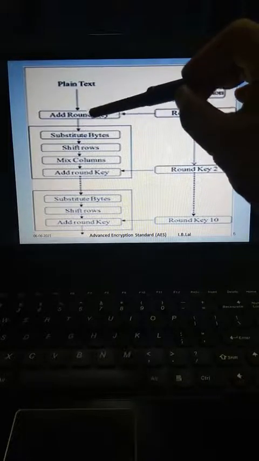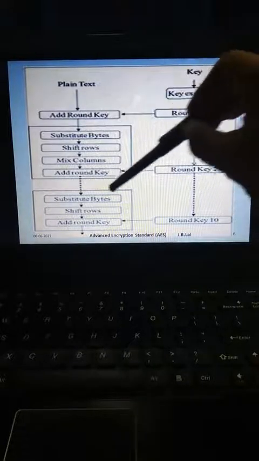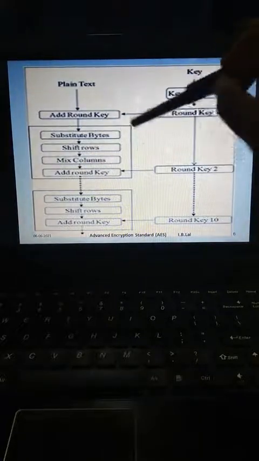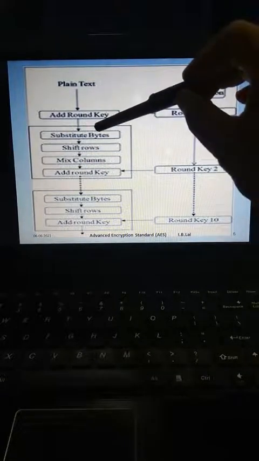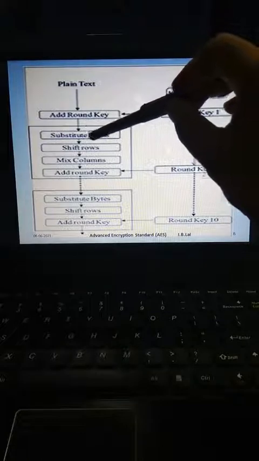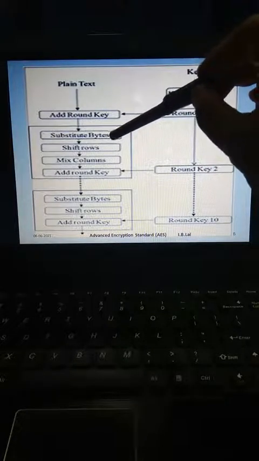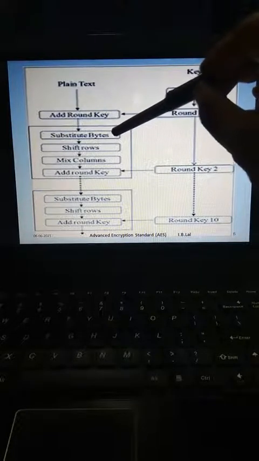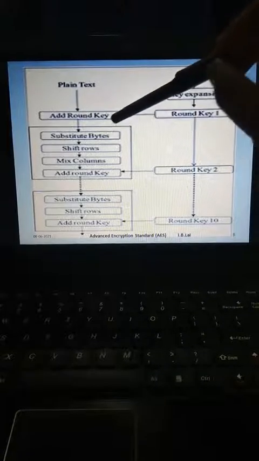Now after the XOR operation, the output enters the first round. In this first round it undergoes the substitute byte process, which is also known as sub byte or S box.